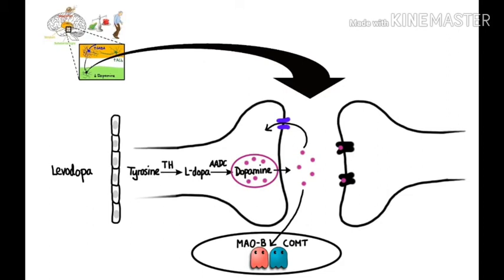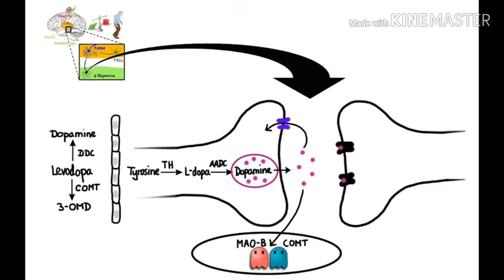One of the biggest problems levodopa faces on its own is peripheral metabolism. There are two major enzymes in periphery which cause breakdown of levodopa before it can reach the brain. That is peripheral dopa decarboxylase, which converts levodopa to dopamine, and catechol O-methyltransferase, which converts levodopa to 3-O-methyl-dopa.